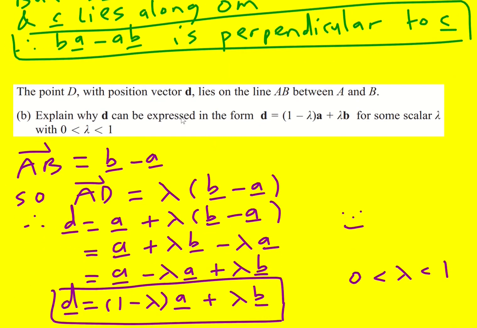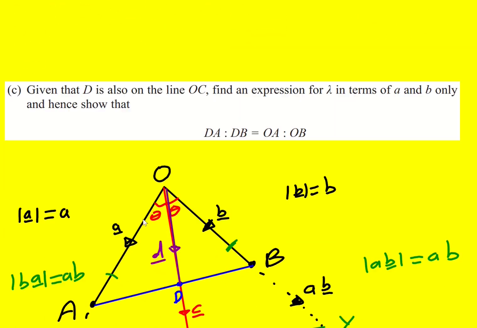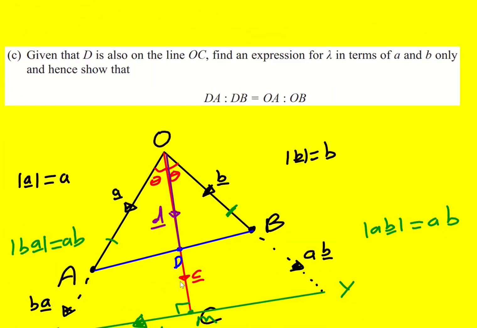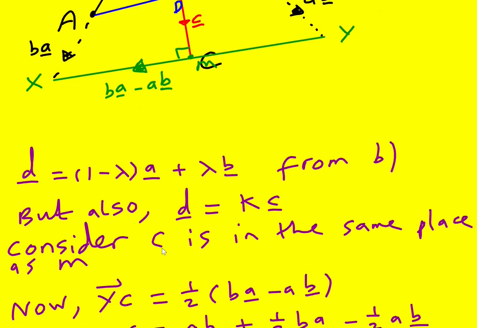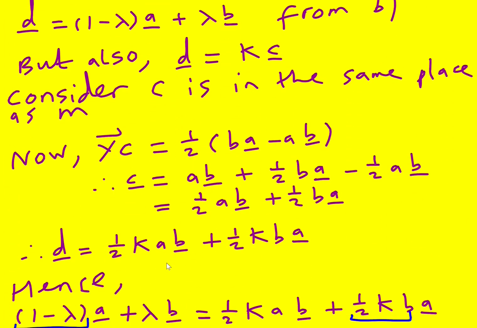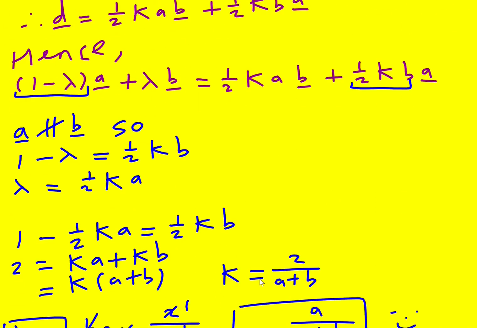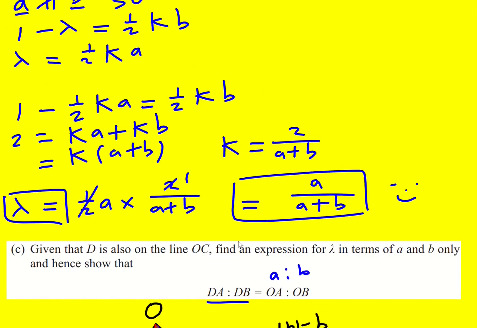Here we took a different tactic. We put a point in, required some manipulation, but then we managed to get D as shown. Then when it's on the line, we move to D here. Again, it involves quite some technical calculations in order to rearrange and work out what lambda was and k was.